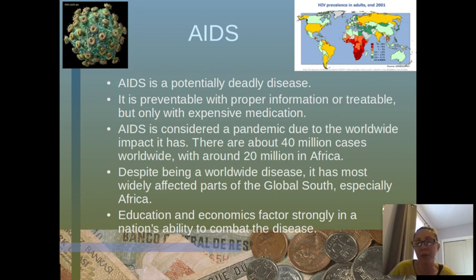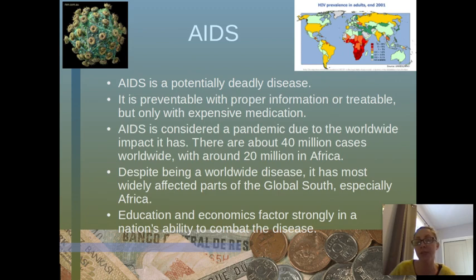There were about 40 million cases worldwide, about 20 million in Africa, and these numbers ebb and flow. We have seen that with information and education, we can prevent this from spreading further or increasing in numbers. Large parts of the global south, especially Africa, have been hit the hardest.